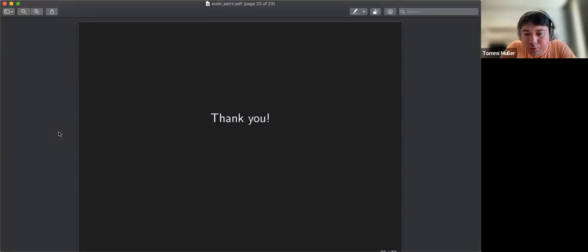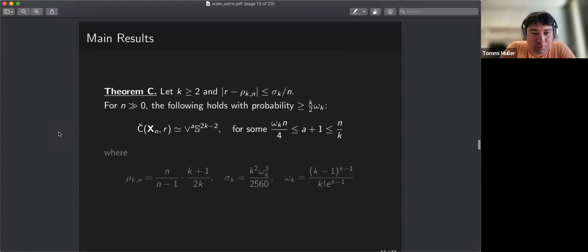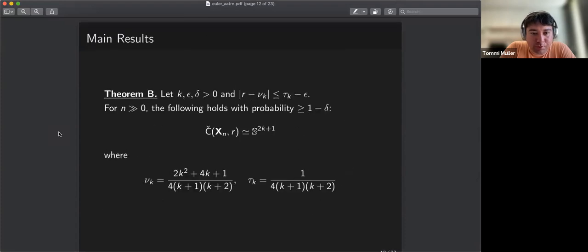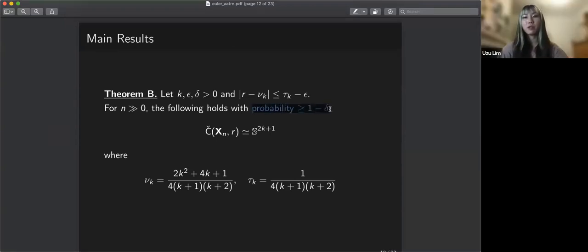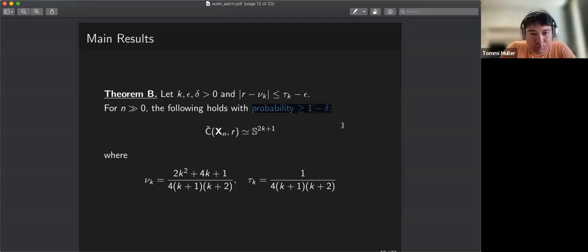Yes, I was just wondering, theorem B, which quantities depend on delta? Oh, it's the probability. Yeah.